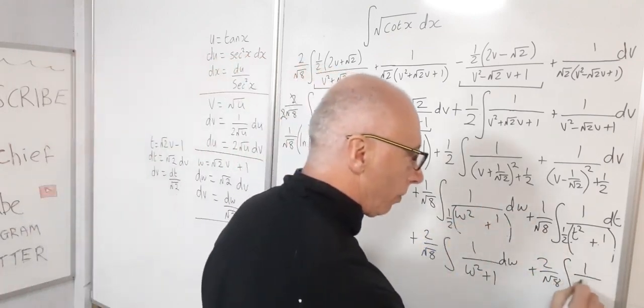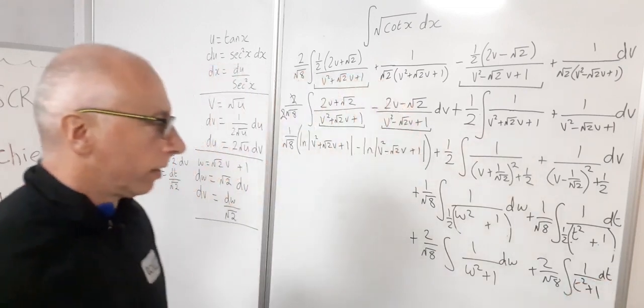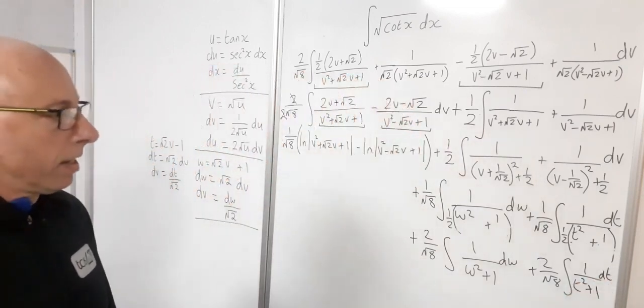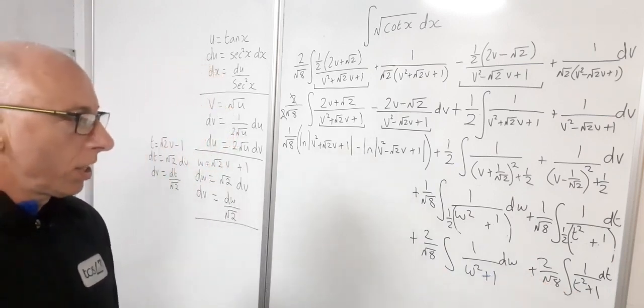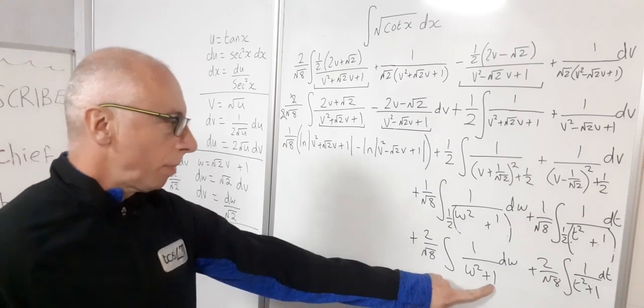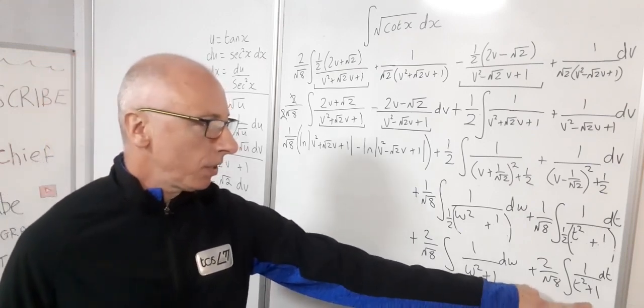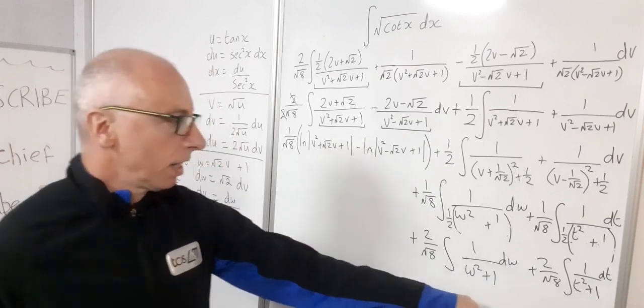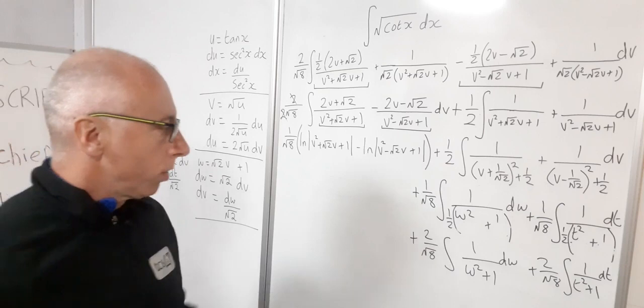Then we've got 1 over t squared plus 1 dt. Okay, so we're almost ready to go straight into the integration here. So w squared plus 1, that'll be inverse tangent of w, and this one here will be the inverse tangent of t. Now all we need to think about now is 2 over square root of 8.